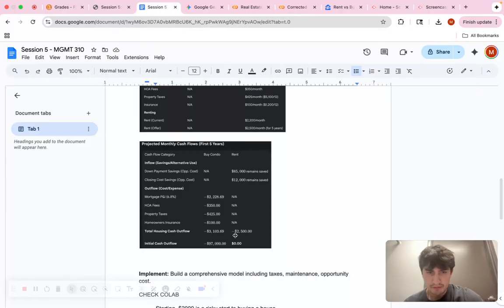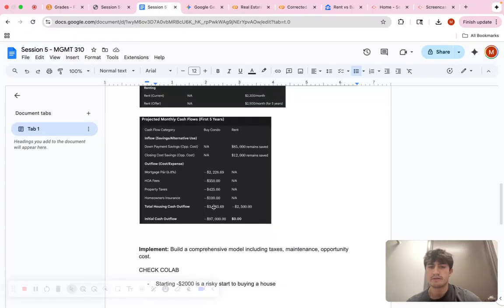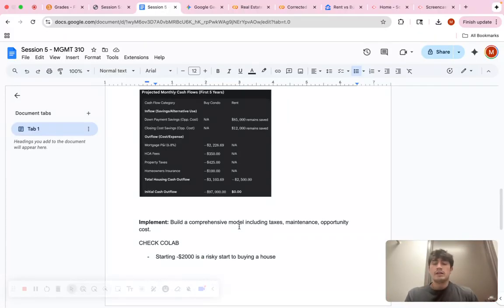But if we buy the condo, we won't save anything, and we're going to be losing the mortgage, the HOA fees, property tax, homeowners insurance. And so basically the cash flows even out to negative 97K and positive 97K over on the rent side. So now that we know all of the facts, let's get into this.